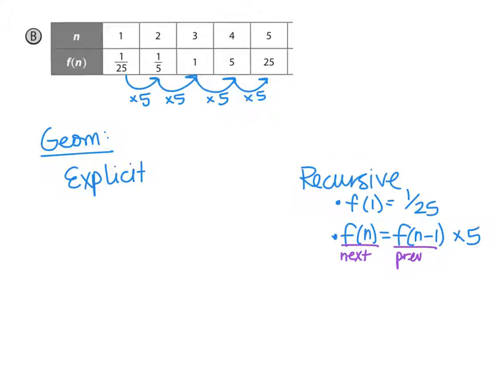The explicit rule, we don't have to say where we're starting. We will say that in the equation. So in the explicit rule, it's f of n equals our starting point, which is 1 over 25. Oh, I lied to you. Remember, mathematicians have to start at 0, so we actually have to go back and figure out what's the 0 term, and that would be 1 over 125. I can help you with that if you need that part tomorrow.